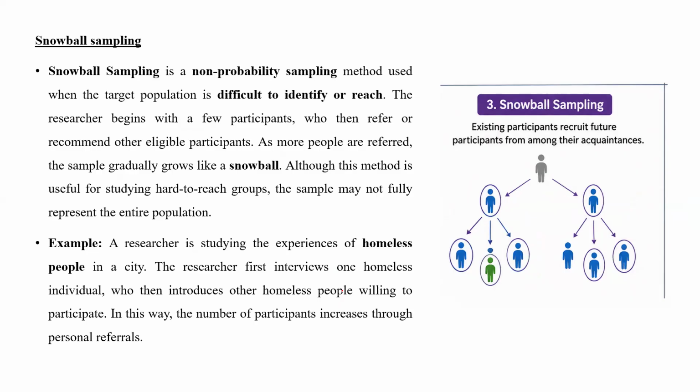Although this method is useful for studying hard-to-reach groups, the sample may not fully represent the entire population. For example, a researcher is studying the experience of homeless people in a city. The researcher first interviews one homeless individual, who then introduces other people willing to participate. Through personal references like this, it becomes snowball sampling.